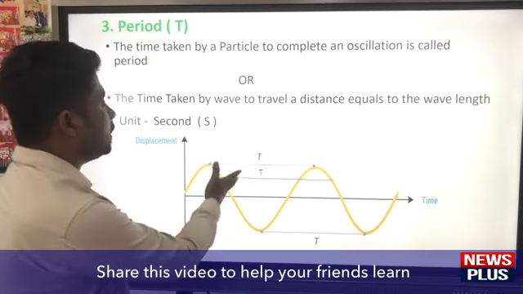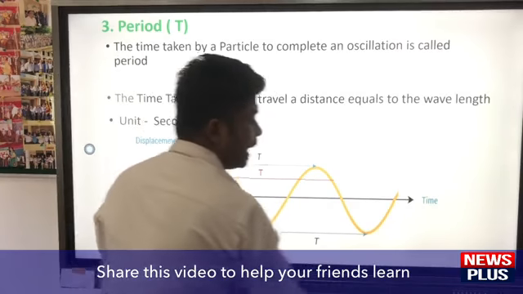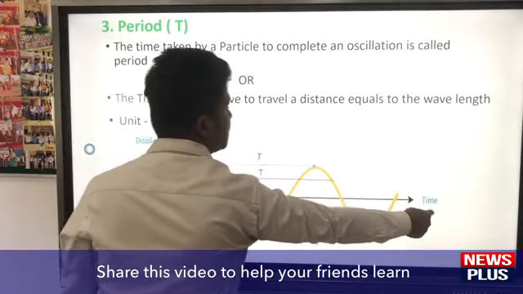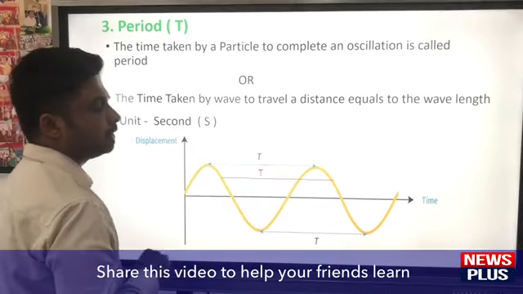Let's look at one wave. There is a wave moving here, and this is the time axis and this is displacement.